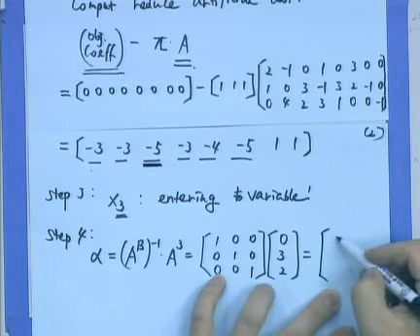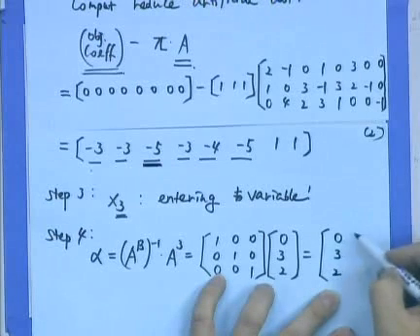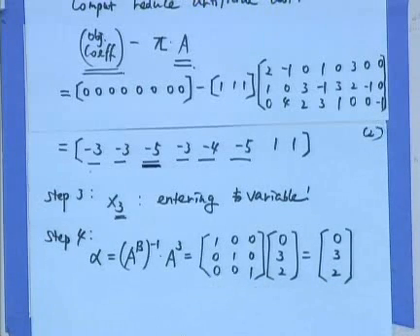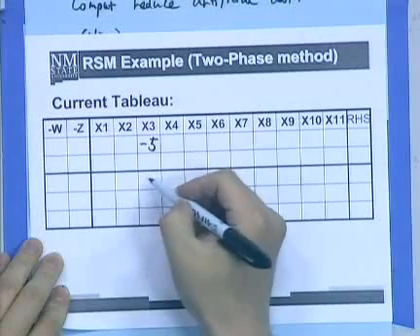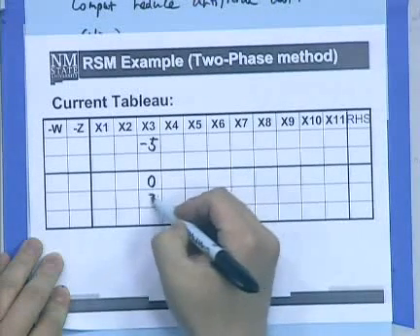So the alpha must be 0, 3, 2. Okay? So we may update the current table with this value 0, 3, 2.